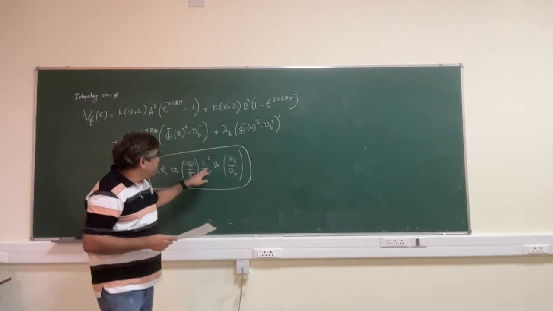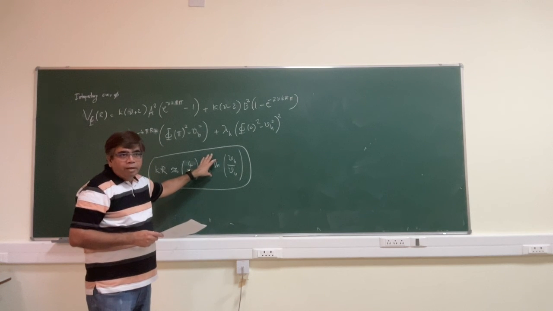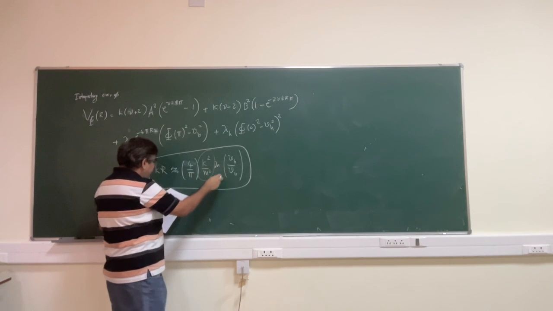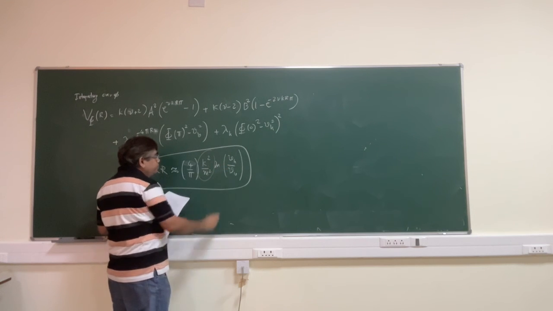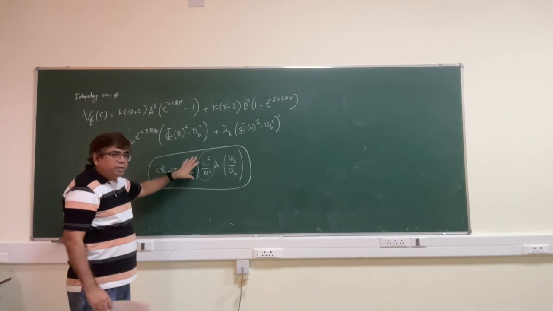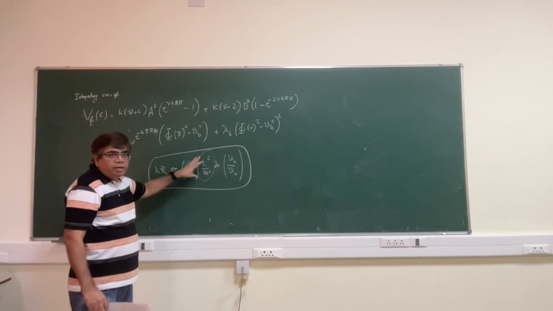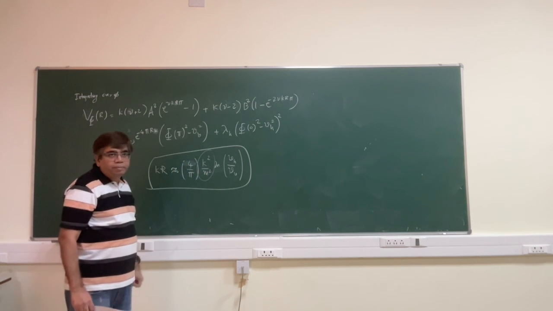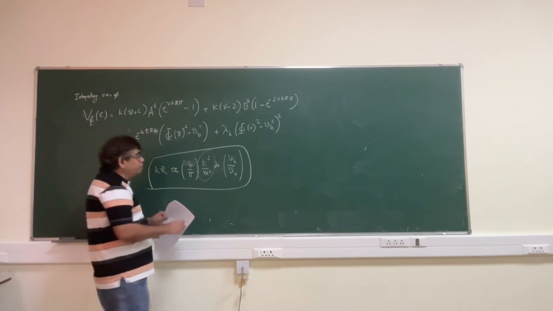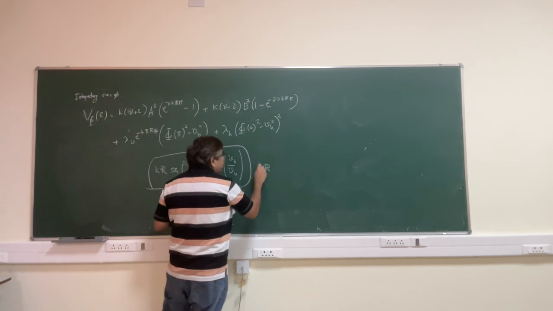And m square by k square, the bulk mass term, is essentially the coefficient A. All of them are order 1, and if you choose these parameters to be of order 10 or something, you should finally get a number of order 10, which is very easy to choose. So this is how you stabilize R, kR close to 11 or 12 or whatever you want, by choosing order 1 numbers.